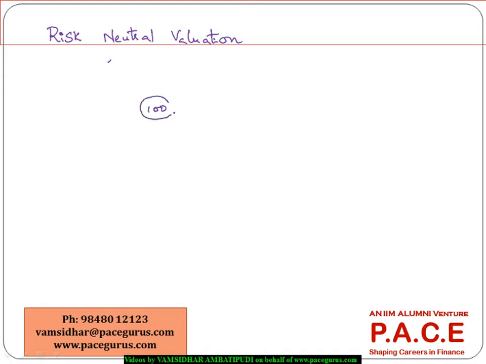Okay, it is 100, it can go to 110 or 90, and if I am talking about a call option, the expected payoff here is going to be $5, if say the strike price is 105, and the payoff in the other case is going to be 0.